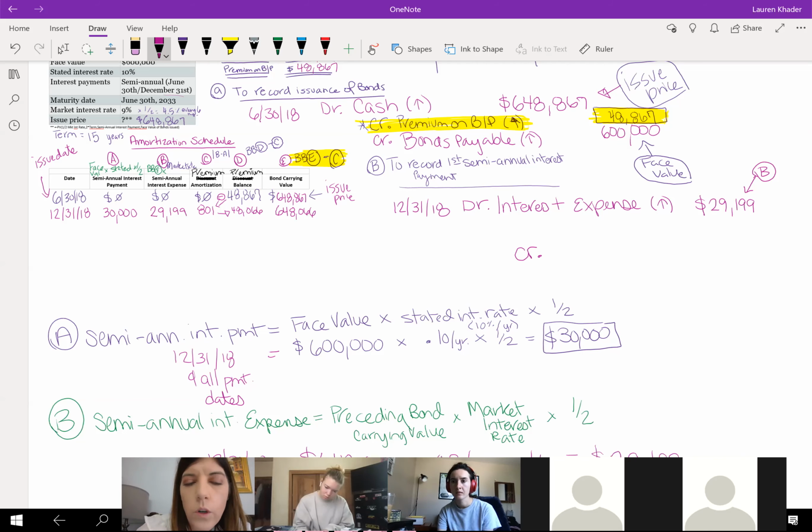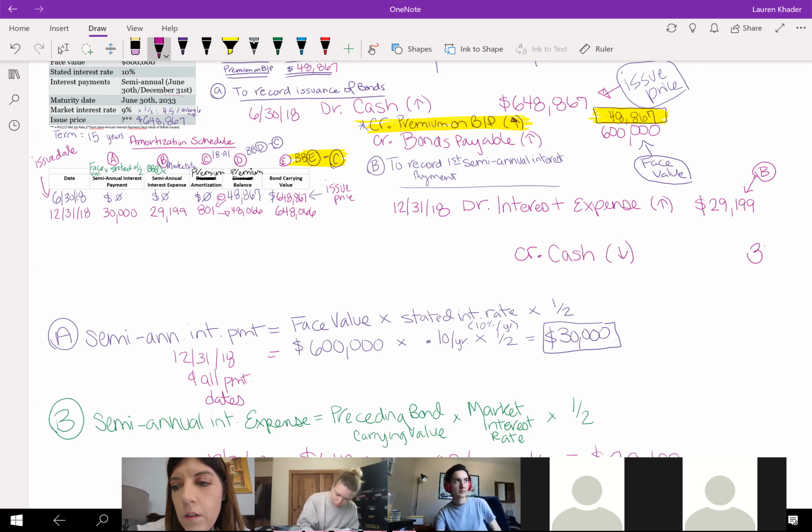So we're just going to credit cash because we're actually paying it out on this date. December 31st is the payment date for this one versus January 1st for the prior example. So we're going to credit cash for 30,000 from column A.